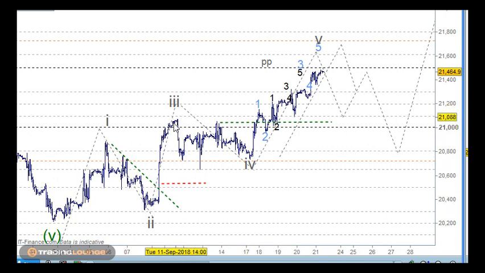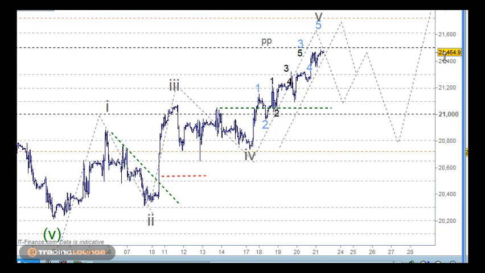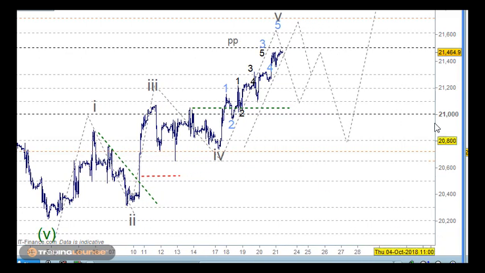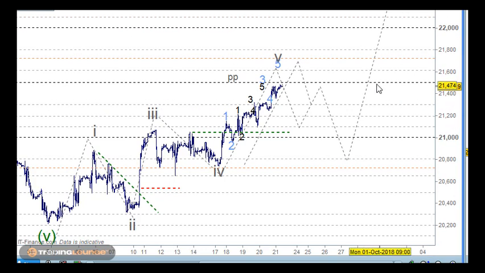The wave 4 here has been more time consuming. So it makes a good wave 4, but the only problem is it overlaps wave 1. So with each count, there's one problem. I think what we'll do is continue to monitor this market, and the intraday count for all of these markets is pretty much the same, so I'll be able to work it out.